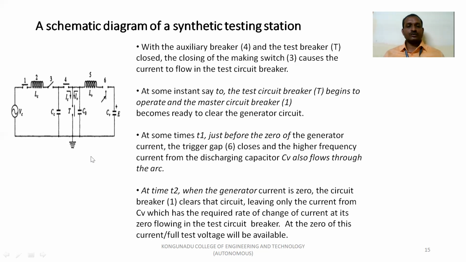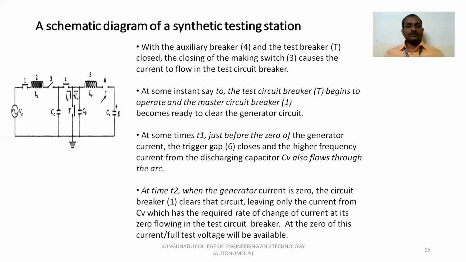At time T2, when the generator current is zero, circuit breaker 1 clears, that is opens, the circuit, leaving only the current from CV, which has the required rate of change of current at zero, flowing in the test circuit breaker.